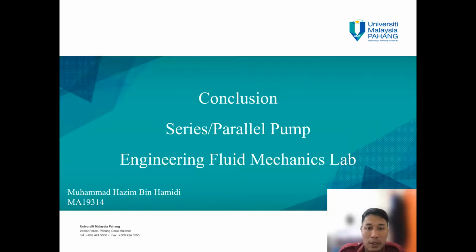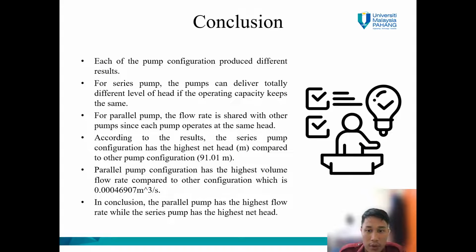Okay, back to me. So lastly, I'm going to present the conclusion for our lab 4, which is series and parallel pump. So the conclusion for this experiment: each of the pump configurations produces different results based on the results that we get from the experiment.